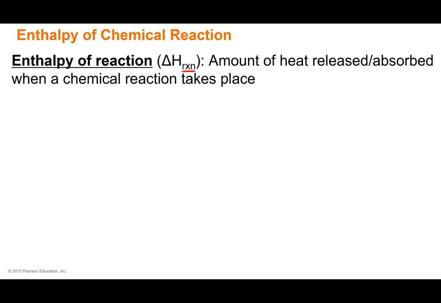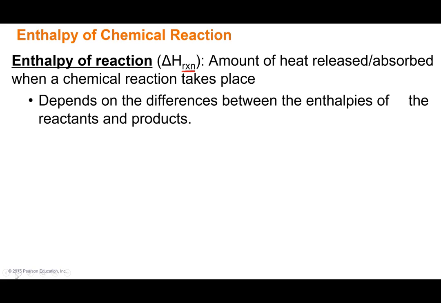The change in enthalpy for a reaction is the amount of heat that is released or absorbed when a chemical reaction takes place. To look at this change during a chemical reaction, it's going to depend on a few things. It's going to depend on, of course, the differences between the enthalpies of the reactants and products. So if the reactants are low energy and products are high energy, that would be endothermic, so our change in enthalpy would be positive, and vice versa.